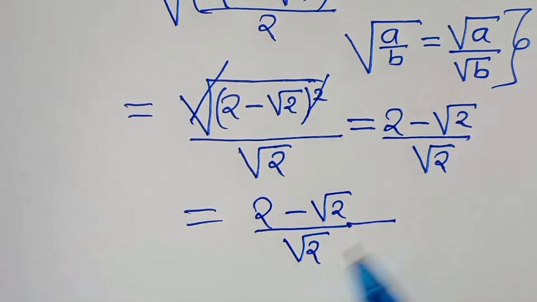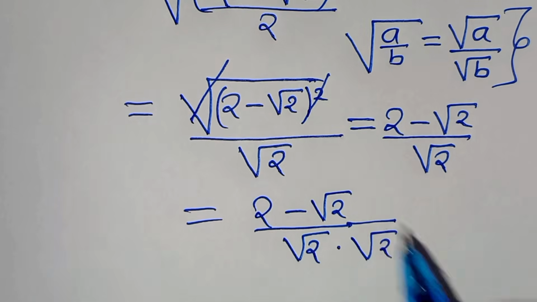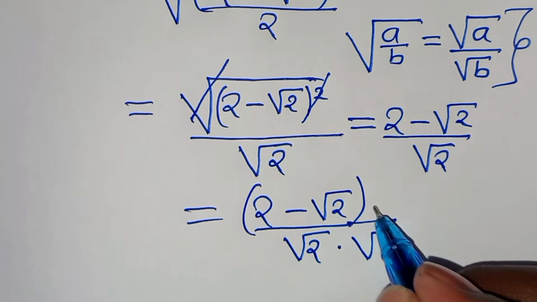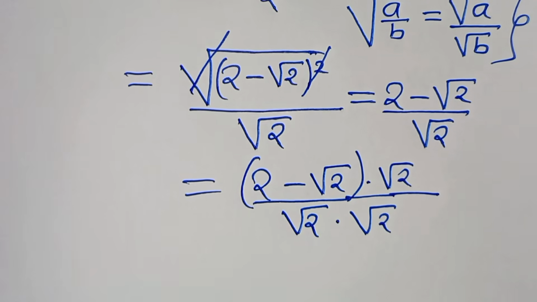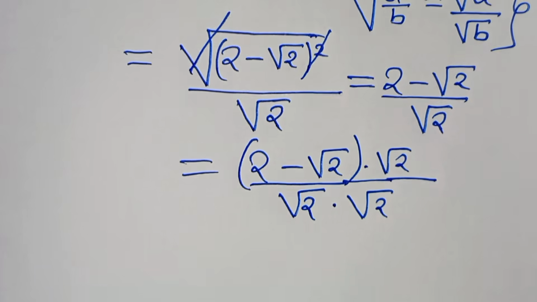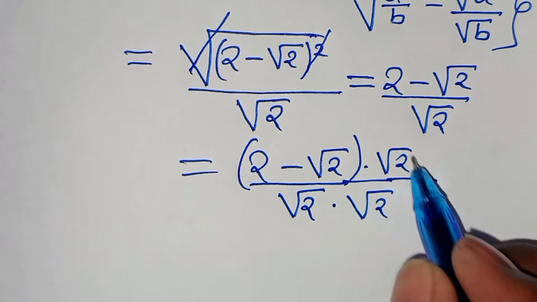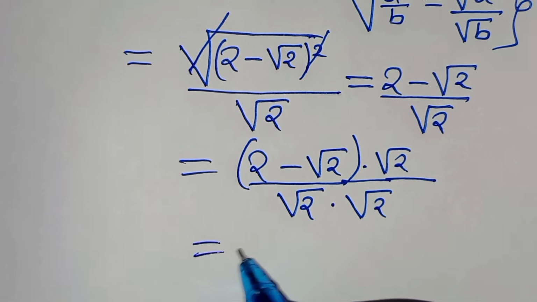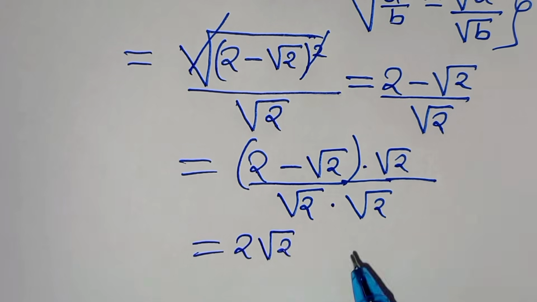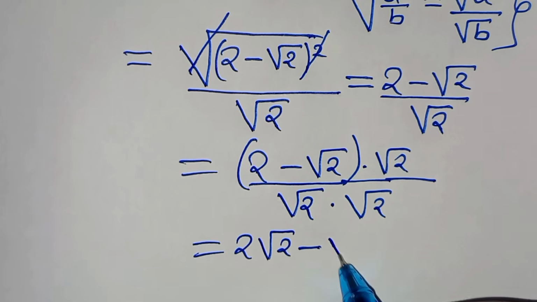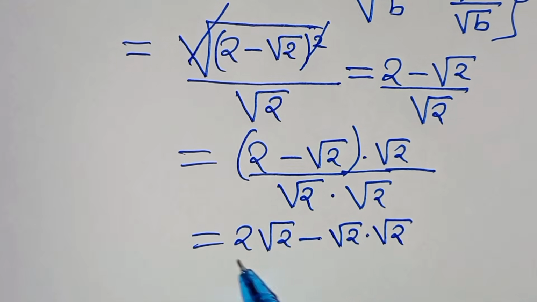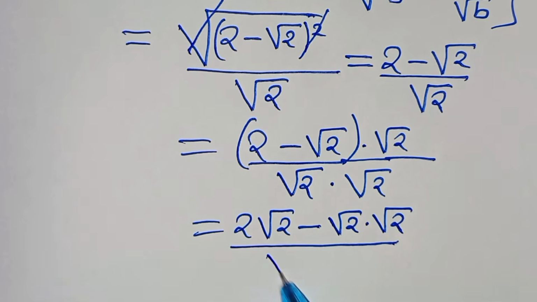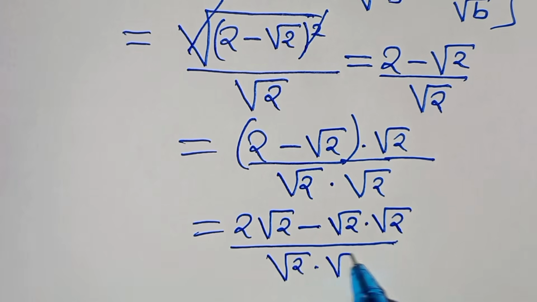So the next step is to rationalize the denominator here. Let's multiply the denominator by square root of 2, and the numerator by square root of 2. So this means that we have 2 times square root of 2. So this is 2 square root of 2 minus, here we have square root of 2 times square root of 2, divided by, here we have square root of 2 times square root of 2.